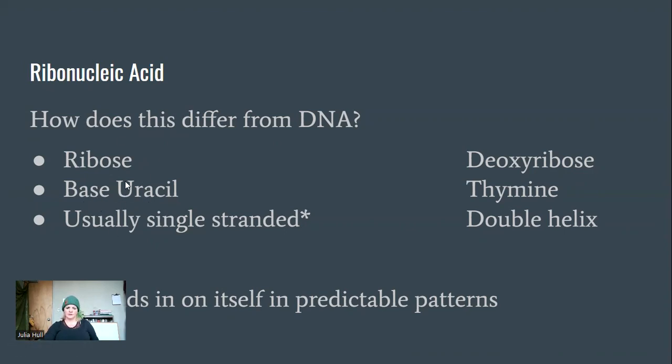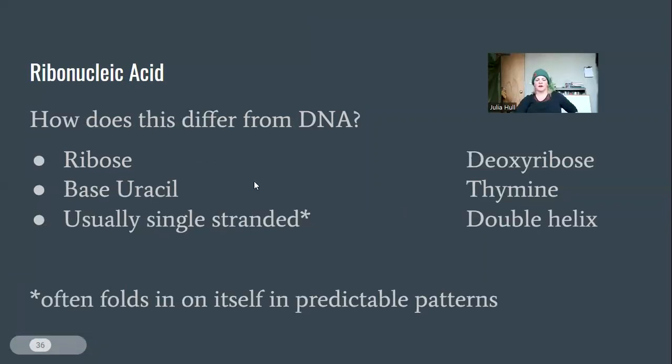RNA uses the base uracil instead of thymine, but the other 3 bases are the same between DNA and RNA. RNA is usually found in just a single strand, whereas our DNA is found in this double helix. However, just because RNA is found as a single strand, it also folds in on itself in these predictable patterns that we can describe.